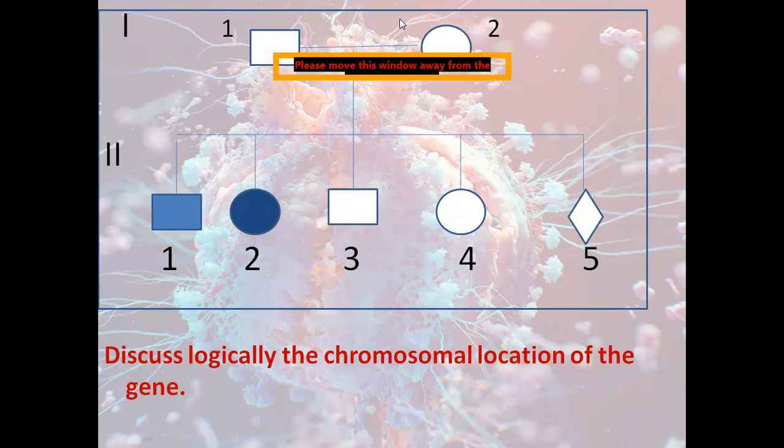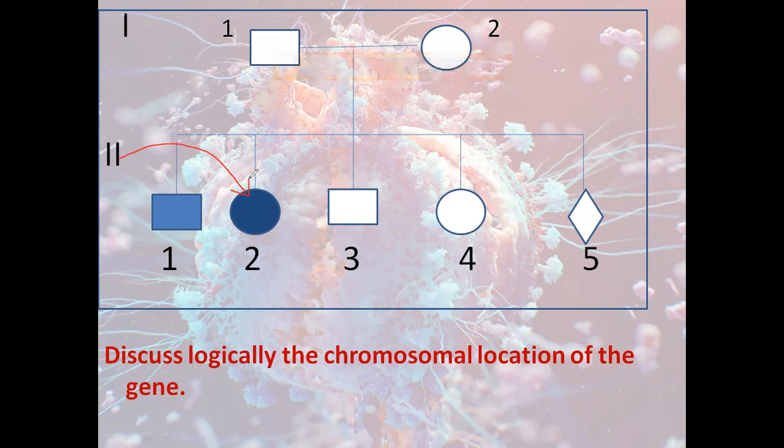But what do we have in the pedigree? We have 2-2, the daughter, who is affected by the disease. So it's not the case. So first of all, we deny it on the Y. So here the Y is eliminated. So it's not possible to be on the Y.